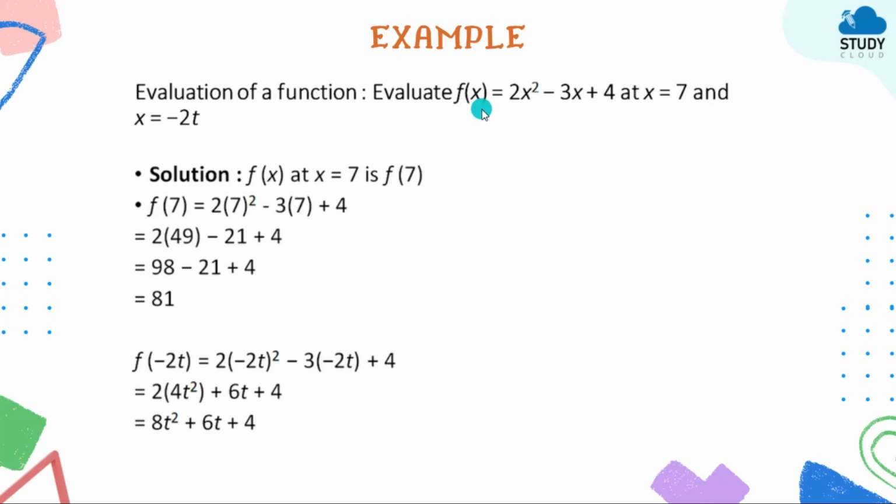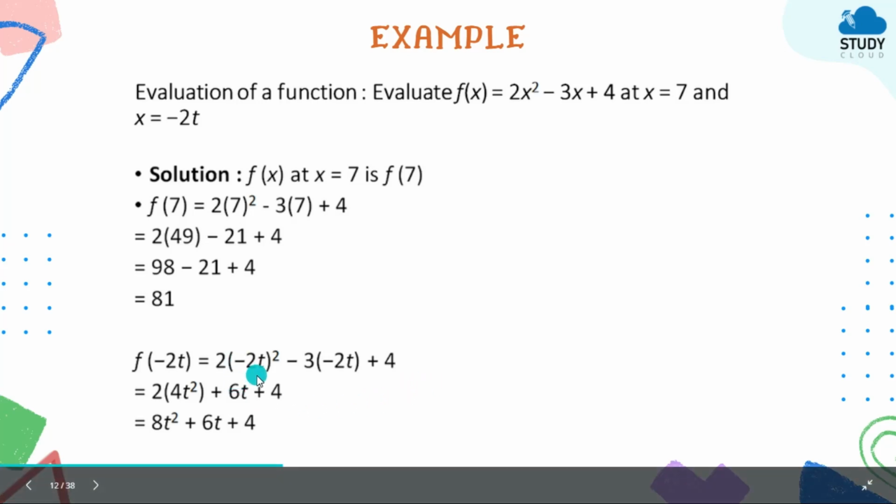So f(x) will become function of minus 2t equal to 2 into, now what will you put in place of x? Minus 2t. If there is a square, give it a square. Minus 3, in place of x you will put minus 2t plus 4. First square this bracket, it will give you 4t square.